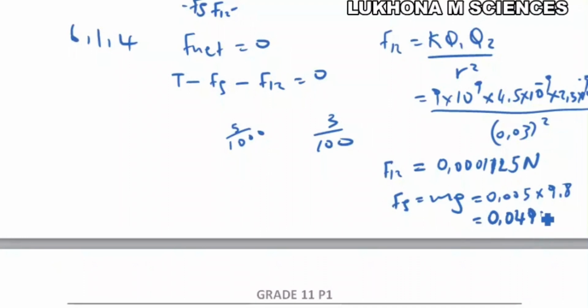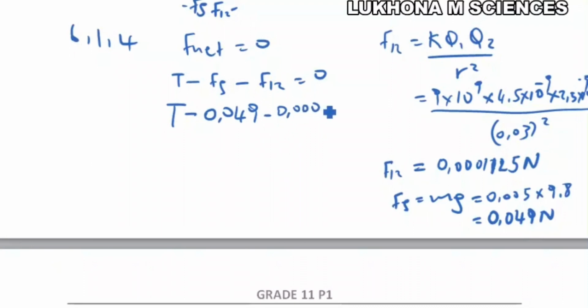Then this we also substitute here. Let's substitute. The tension is required. Fg is 0.049 minus the force between 1 and 2 was 0.001125 newtons, which is equal to 0.